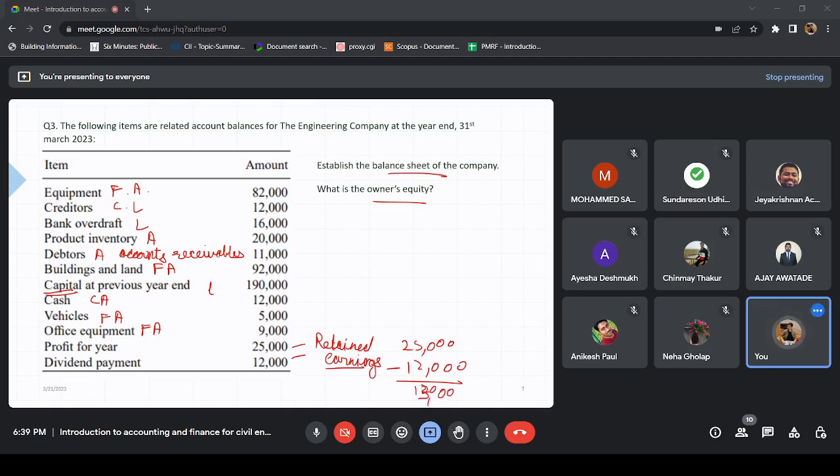You know that retained earnings is a part of liability. Now let's try to make the table. You guys know how to make a table. Let's check if these are correct or not. Can you do the sum of assets and liabilities? What is coming?